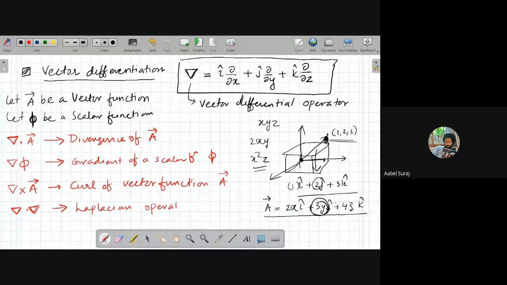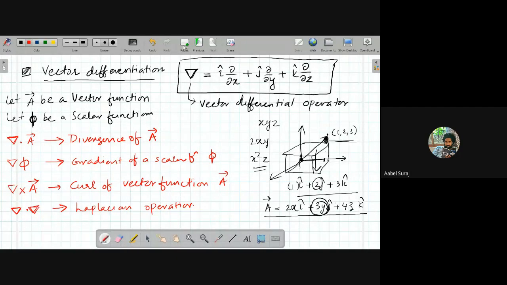So these are the four different important differential notations using the del operator: divergence, gradient, curl, and the Laplacian operator. We'll discuss one by one.